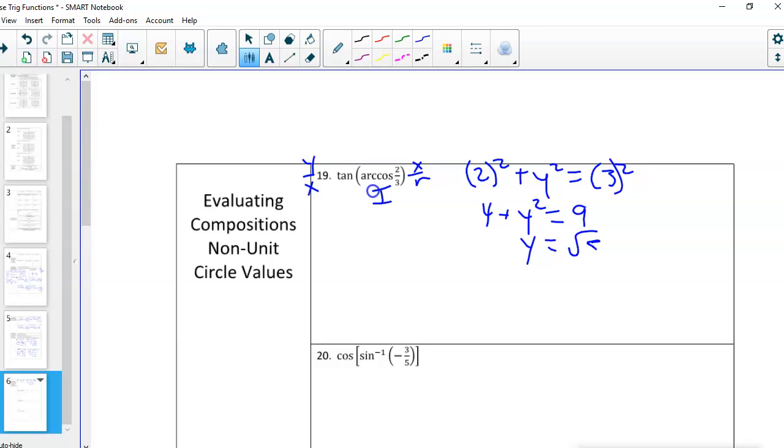Y is going to end up being the square root of 5. What's tangent? The square root of 5 over 2. Not complicated, it's just a lot of stuff going on.